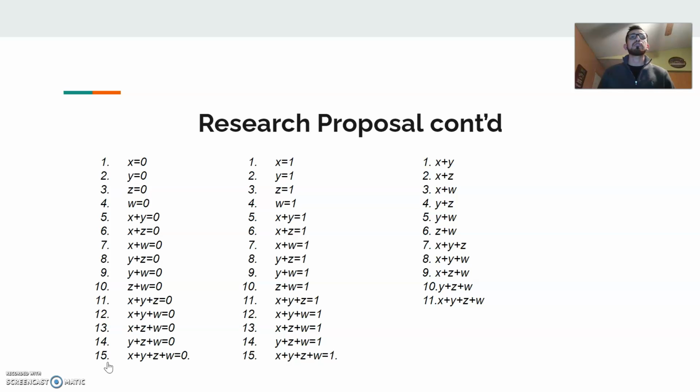The other 15 equations would be the same, but instead of equaling 0, they're going to equal 1, with x equals 1, y equals 1, z equals 1, w equals 1, and so on. Now, to get the last 11 figures, we're going to use the following expressions: x plus y, x plus z, x plus w, and so on.